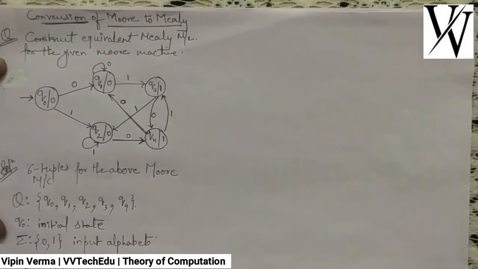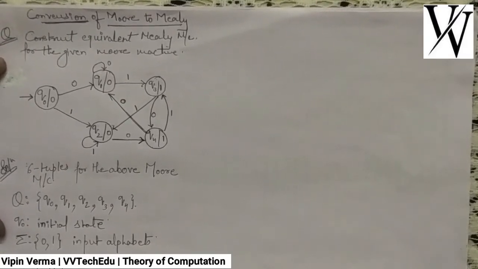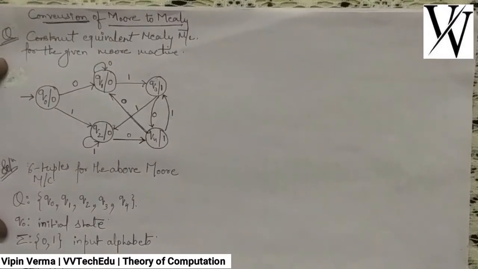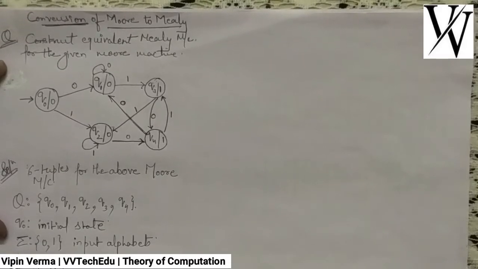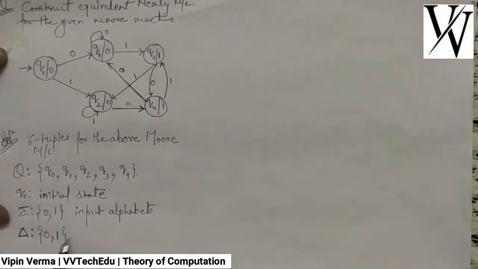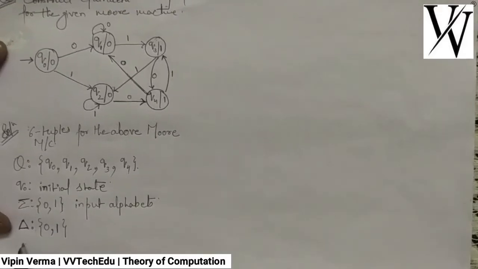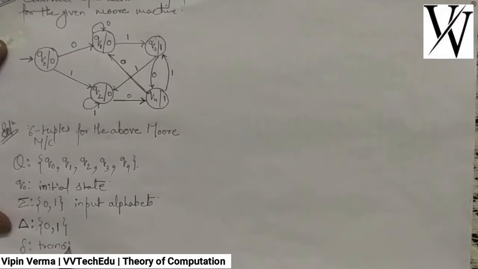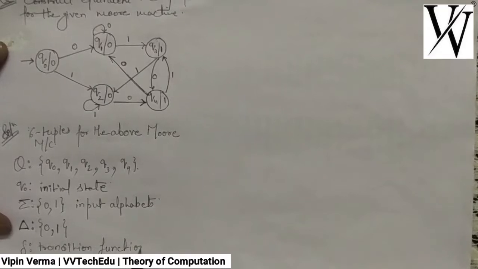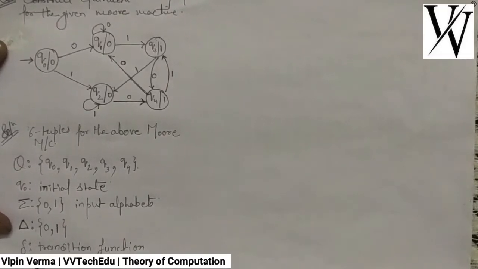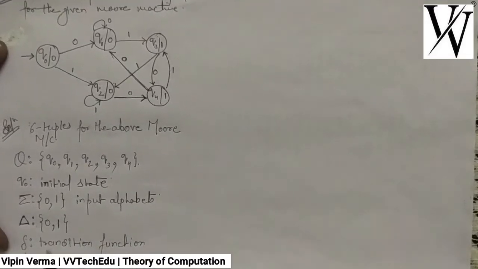Now the set of output symbols is represented with the capital delta. Then the other two symbols, we have 4 symbols to be specified here. The other two symbols are the transition function, and lambda, which represents the output function.